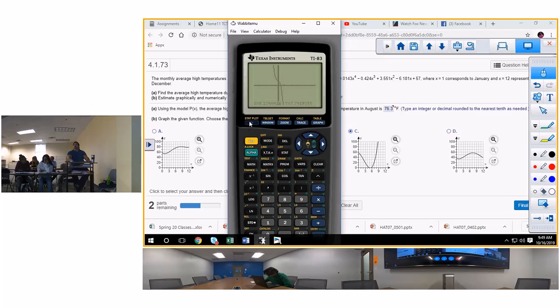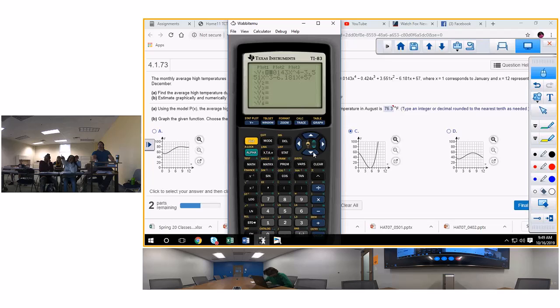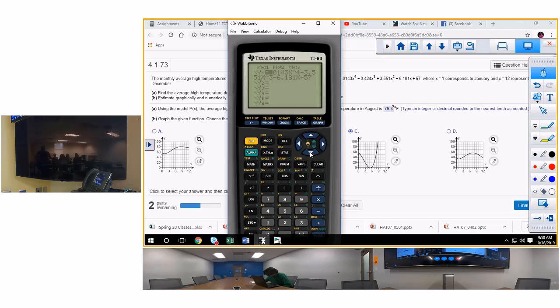Y is equal to... All right, y'all check me out. Let's see. 0.0143. You put x cubed, you said. Oh, you forgot the x cubed. Yeah, you forgot that 0.424. Oh, God. And then you need to change the cube to super.